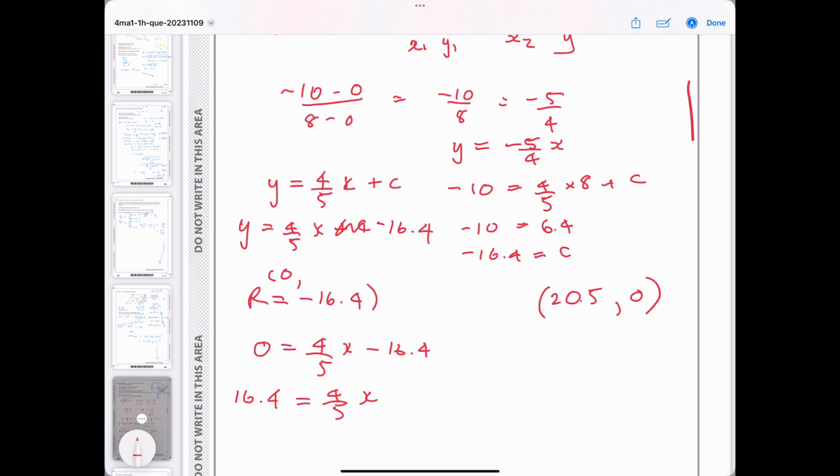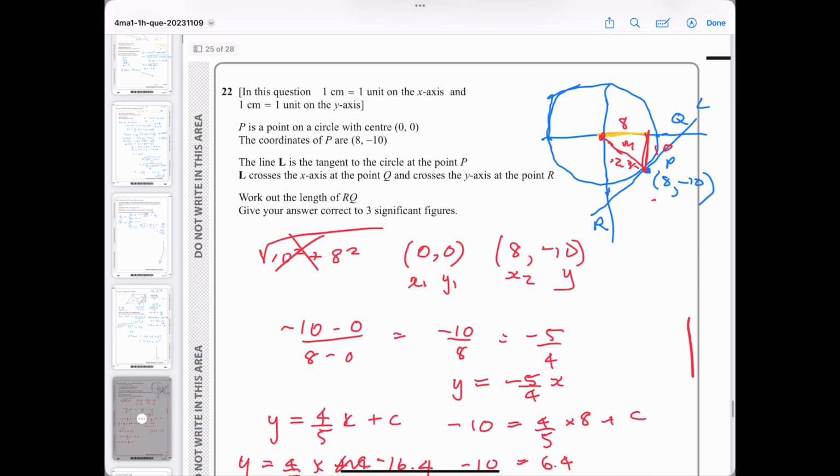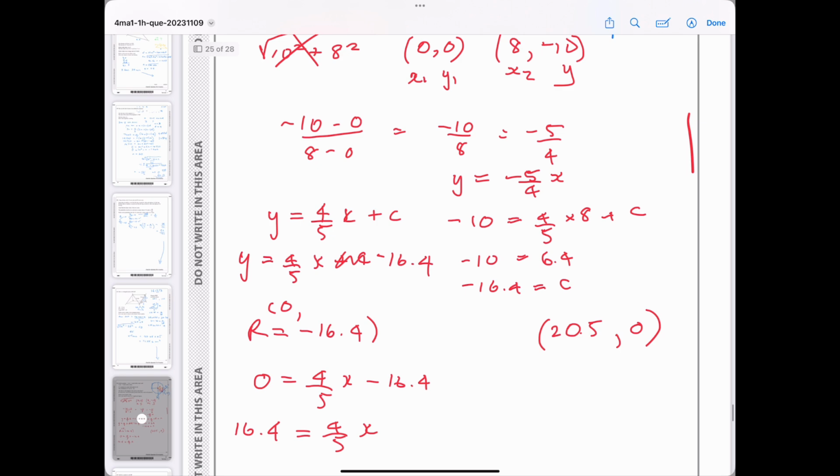So our actual thing looks like that. So it's asking us how far our Q is. Oh, okay, it does make sense. So that's 16.4 and that's 20.5.